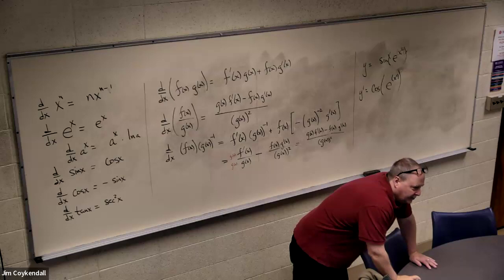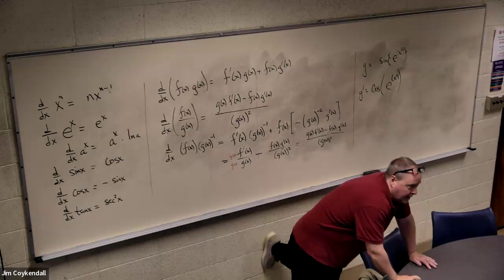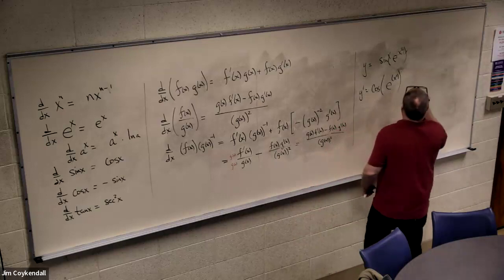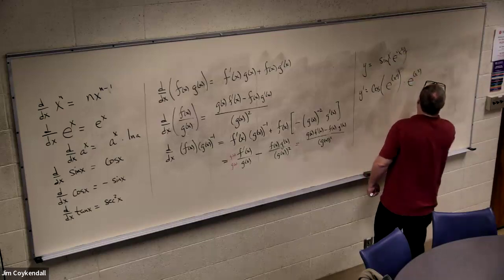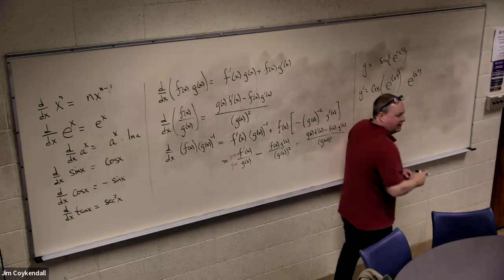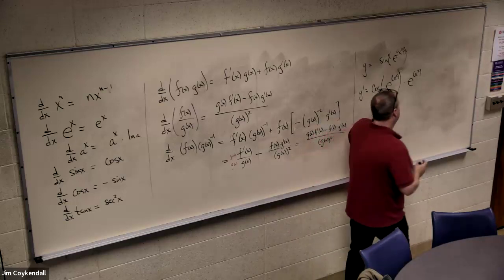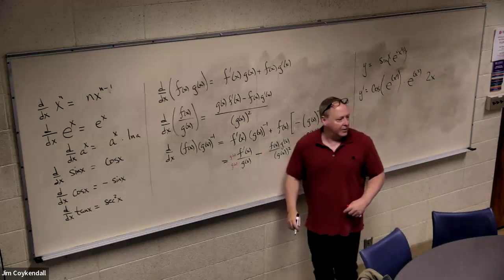I have to multiply by the derivative of what I find inside, which is e to the block. What's the derivative of e to the block? That's right, e to the block. But I'm not done, because I have to multiply this by the derivative of what I find inside there. What's the derivative of x squared? And there you go.